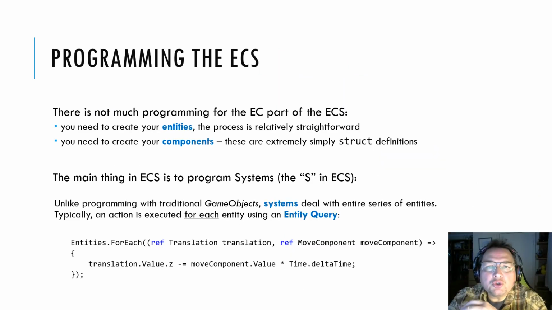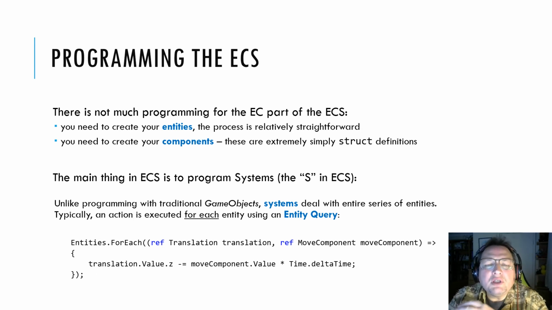There is not too much programming for the EC part of the ECS. You need to create your entities, and this process is relatively straightforward. And you need to create your data components, but these are extremely simple C# struct definitions, so also nothing complex to do.